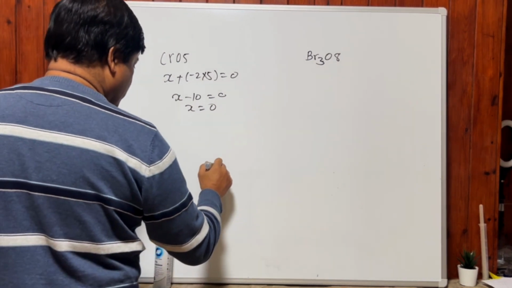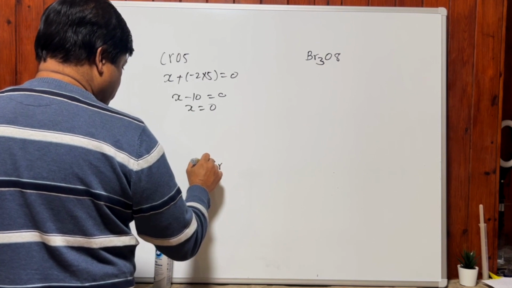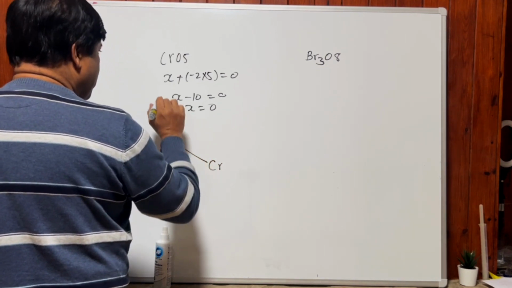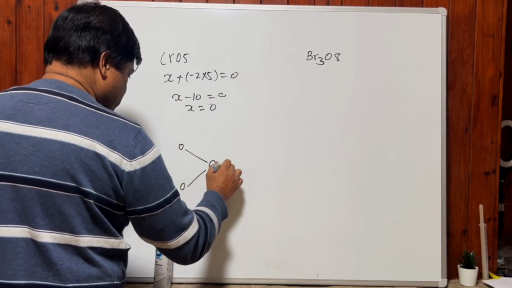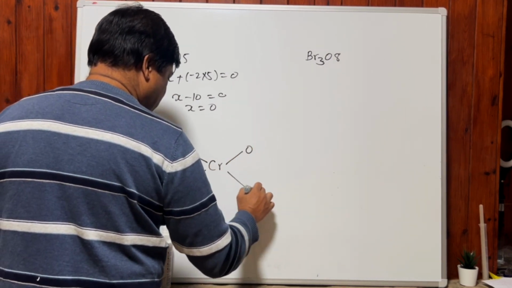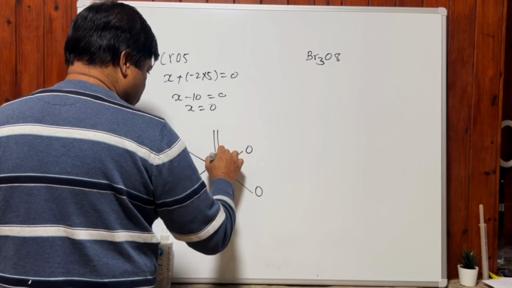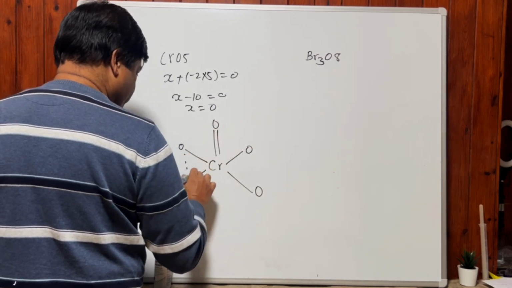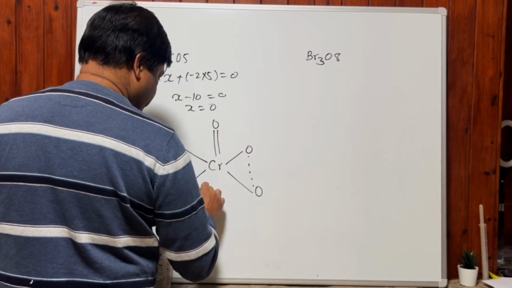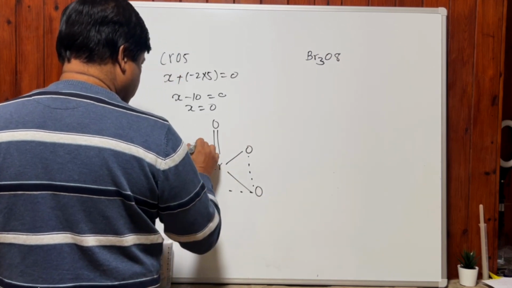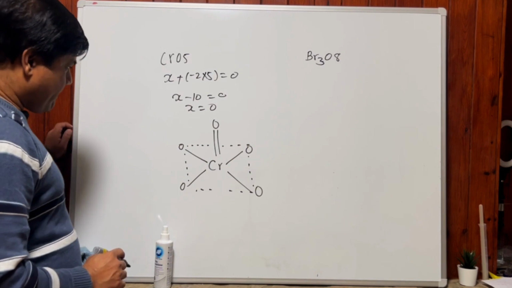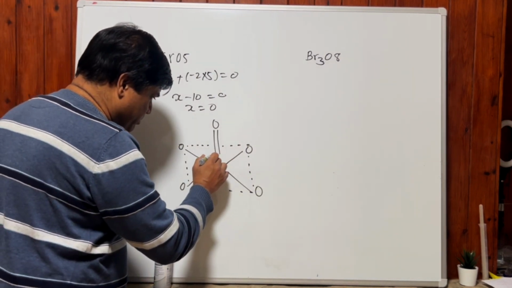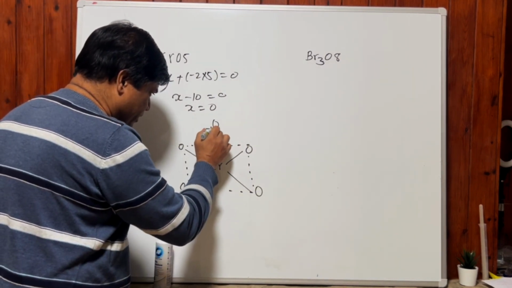Look at that. Chromium has this type of structure. Chromium in CrO5, that's the structure, like a butterfly structure. Now look at that. This is minus 1, minus 1.